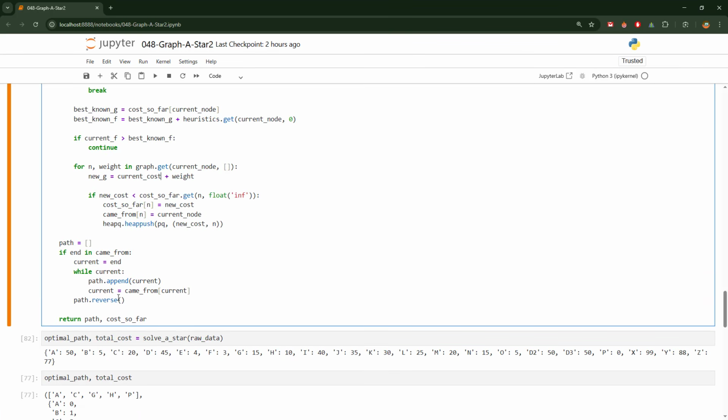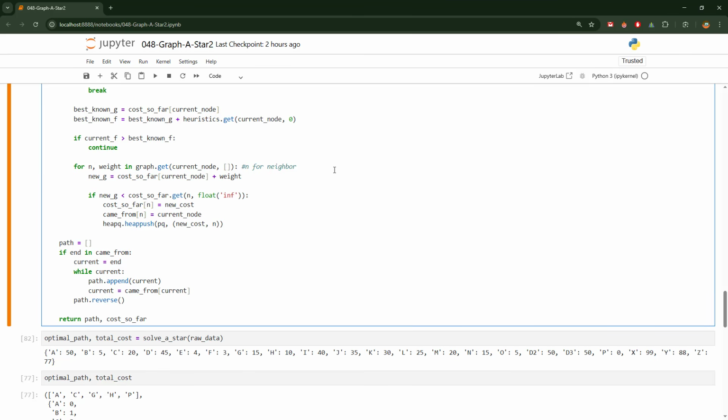New G equals cost so far of the current node plus weight. Great. So here I'm going to rename it for new G, cost so far get neighbor, should I put it like this? Yeah. Or neighbor, no, I'm sticking with this one.